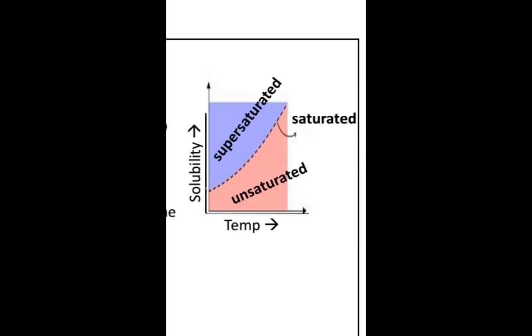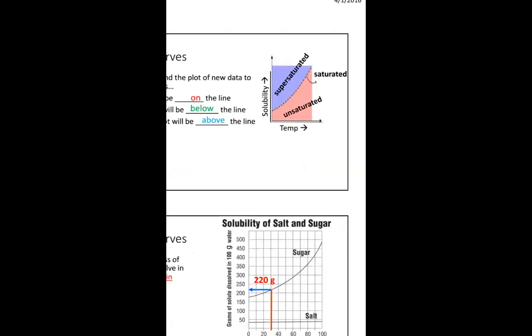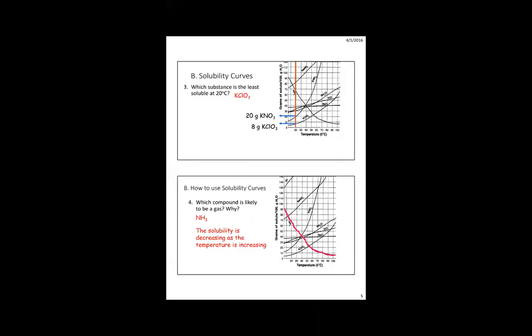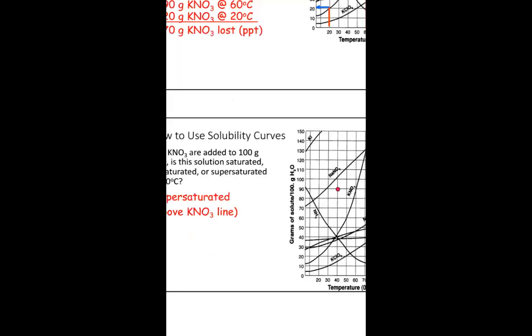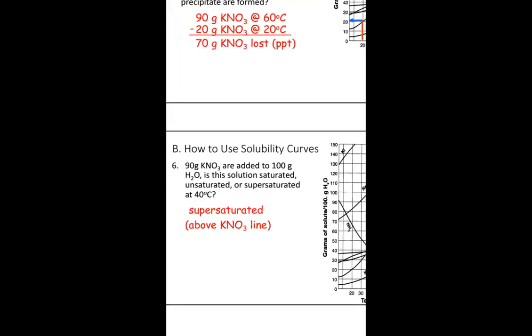Now, let me give you a question related to that. The question says that 90 grams of KNO3 are added to 100 grams of water. Is the solution going to be saturated, unsaturated, or supersaturated at 40 degrees Celsius?